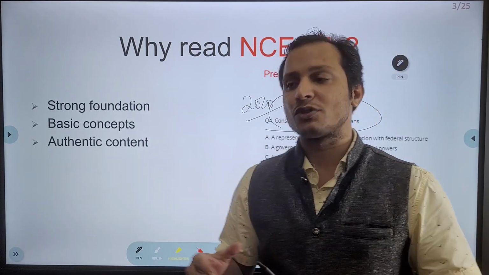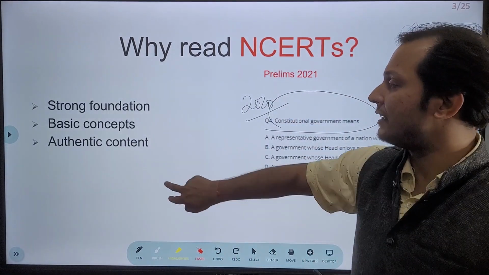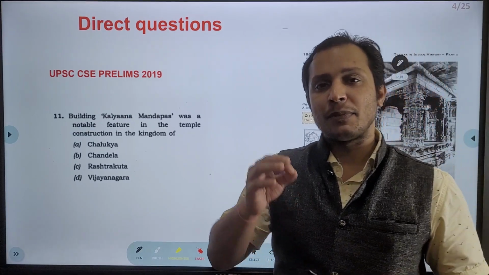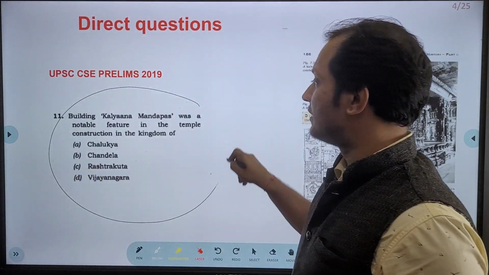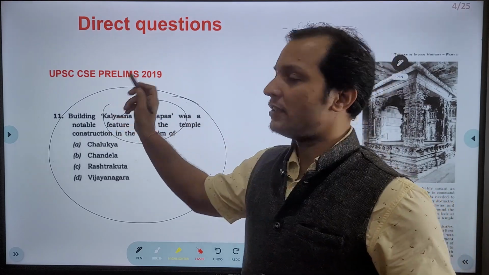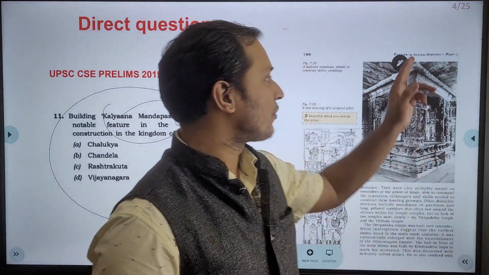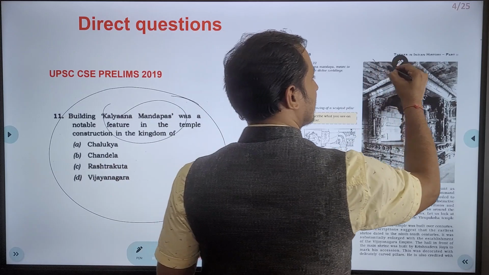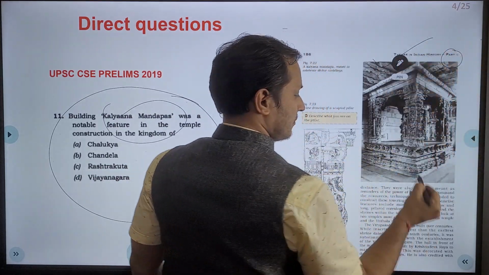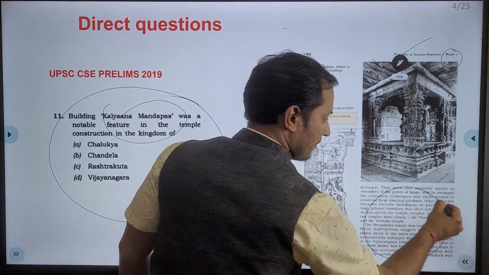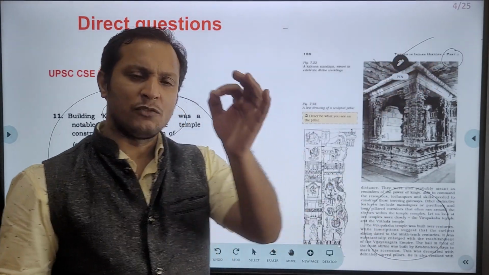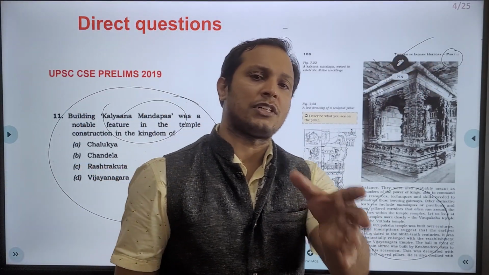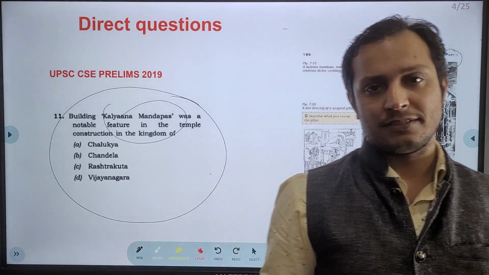Let me show you a few questions which have come in the UPSC examination directly picked from the NCERTs. You can see here this question on Mandapas in 2019, directly from Themes in Indian History Part 2, directly word to word. Questions have come from the new NCERTs.